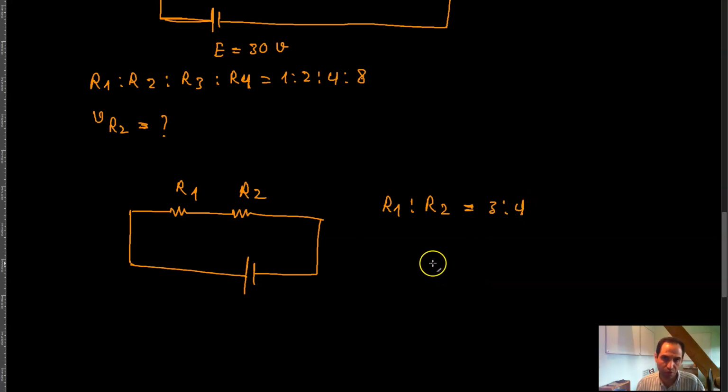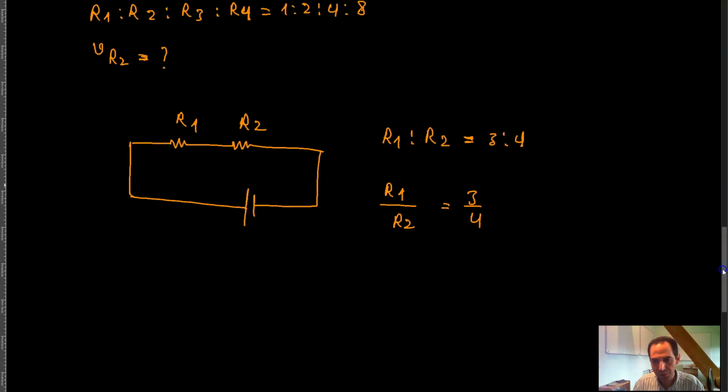That would be correct. But as long as the ratio of R1 to R2 remains 3 to 4, whatever value you choose for R1 and R2 would be okay in that circuit.